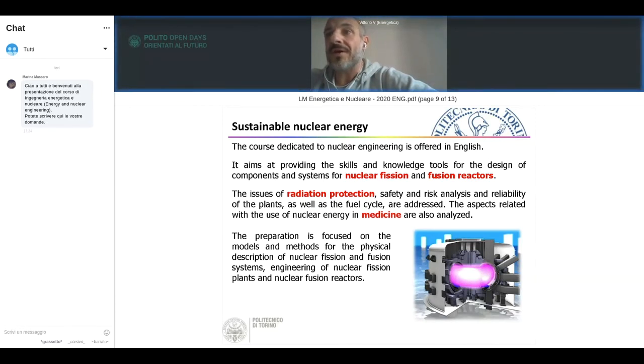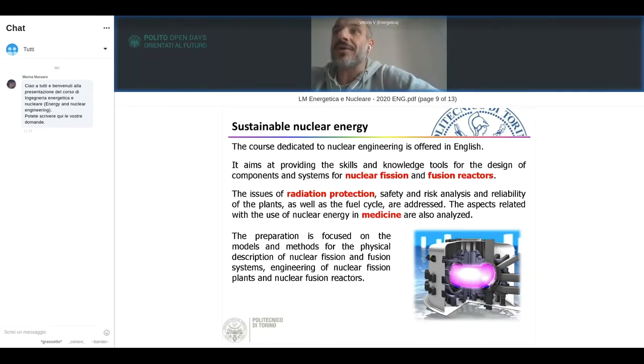Together with the issues related with radiation protection, safety and risk analysis, reliability of plant, management of the fuel. Also, we address the aspects related with the use of nuclear energy in medicine, which is very important, especially considering that currently we don't have any nuclear energy in Italy, but I mean, for electricity production, we don't have.